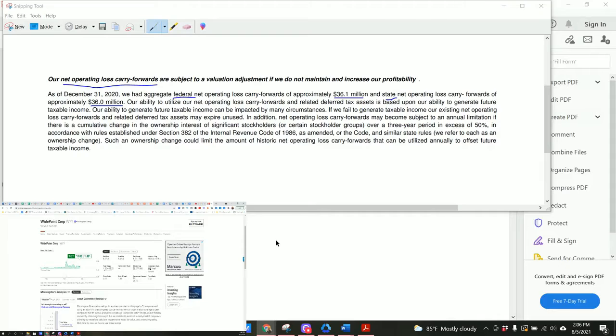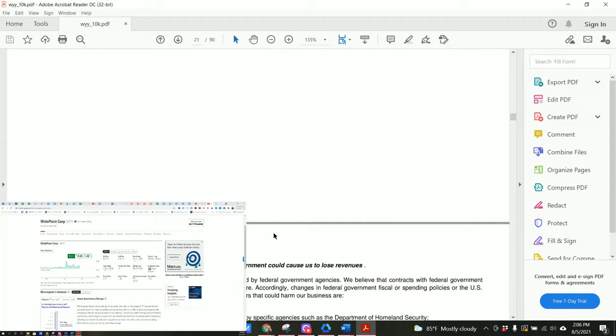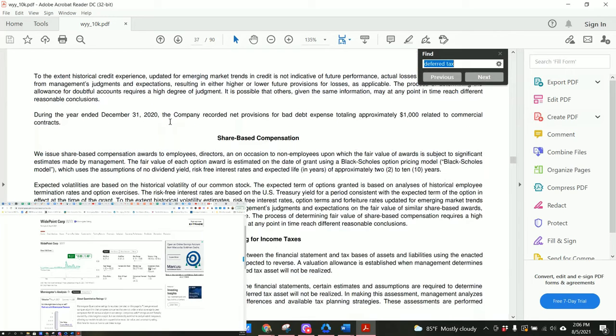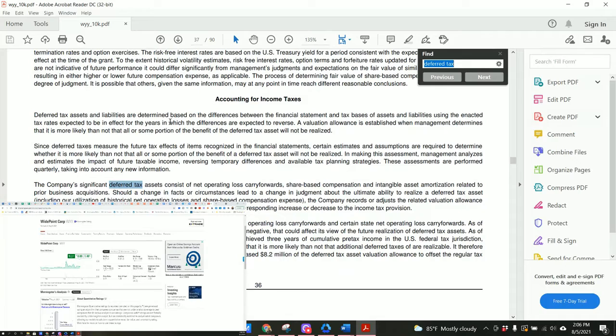But you want to see when these expire. So to talk about that, I'm going to search deferred tax, because this is where they show up. There should be a little chart at some point in here that talks about deferred taxes and shows the full amount.